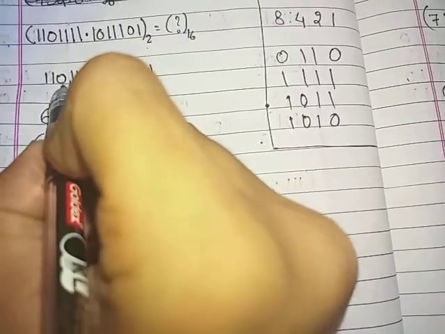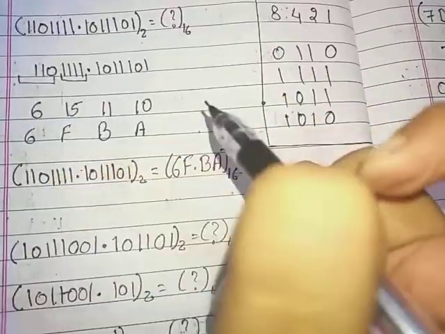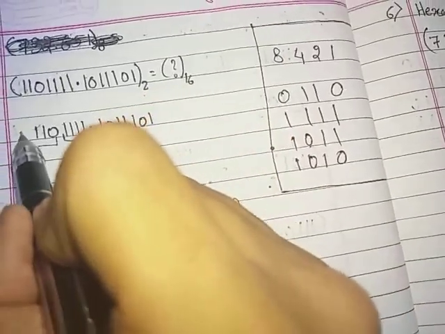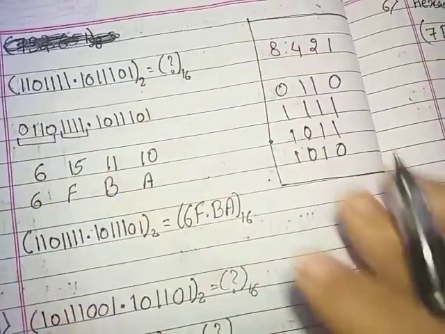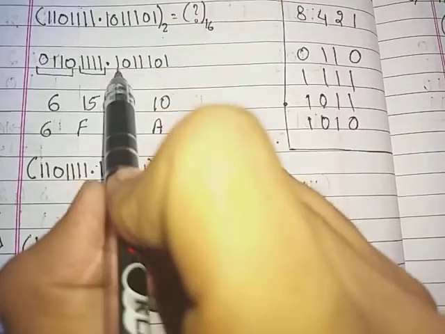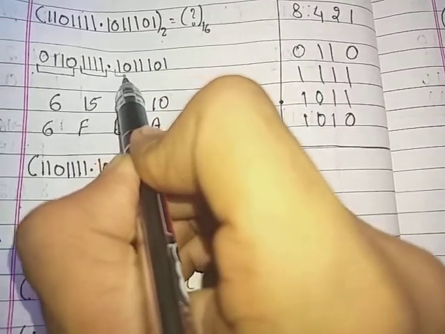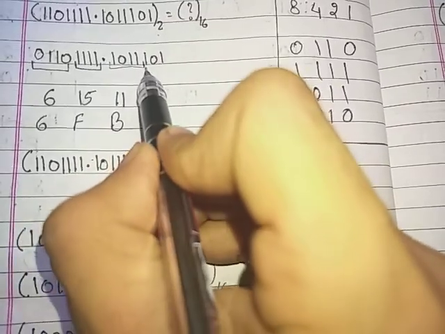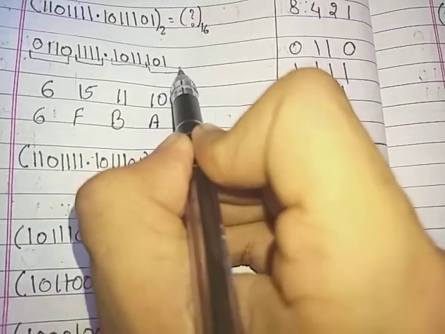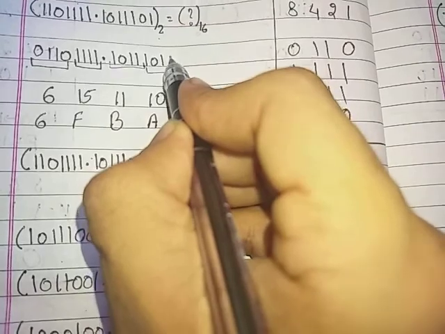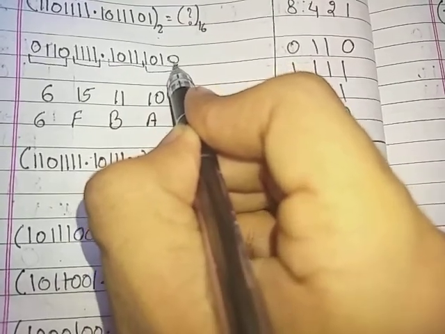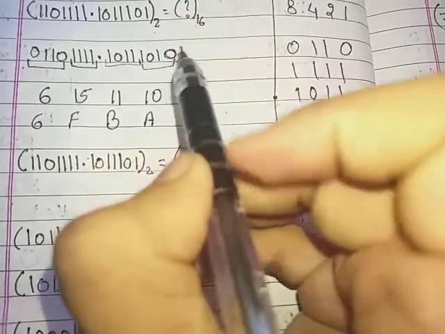In the last group there are only 3 bits, so we will add 1 zero. Now on the right hand side of the decimal we will make group of 4 bits from left to right. As in the last group there are only 3 bits, so we will add 1 zero.